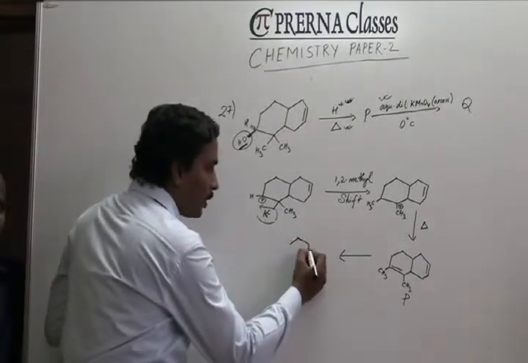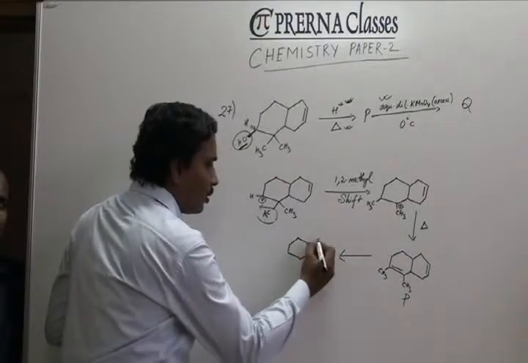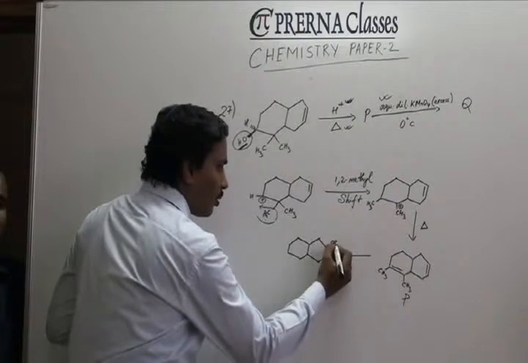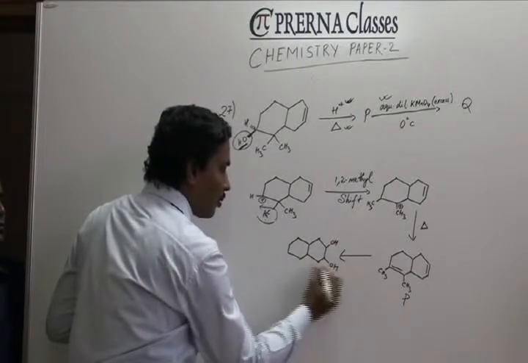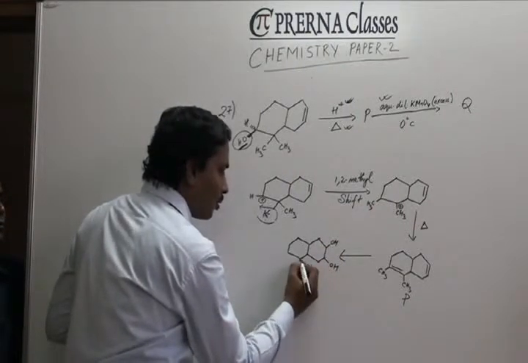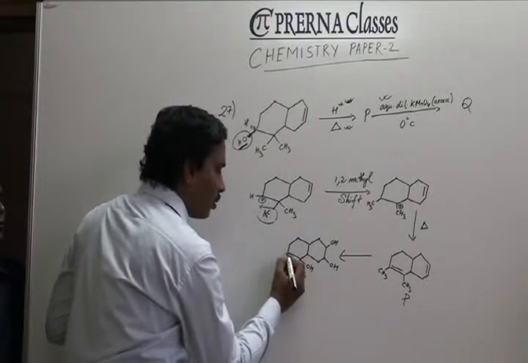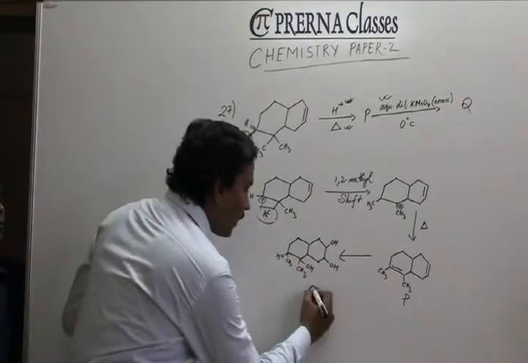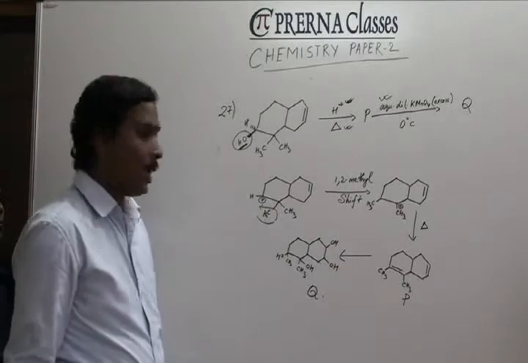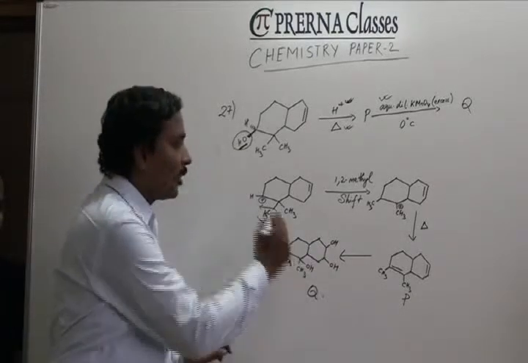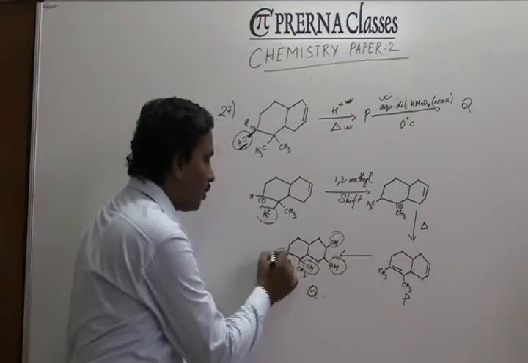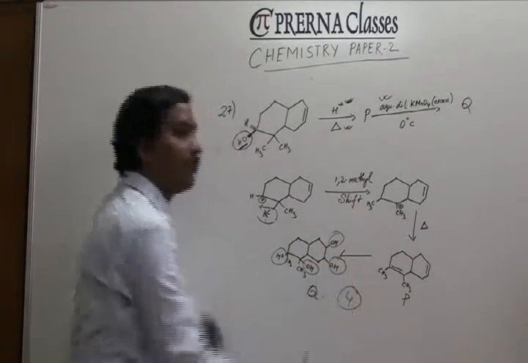So the product of Q is, now this is the product Q, and he asked me to calculate how many OH groups are present. There are 4 OH groups present, so the answer is 4.